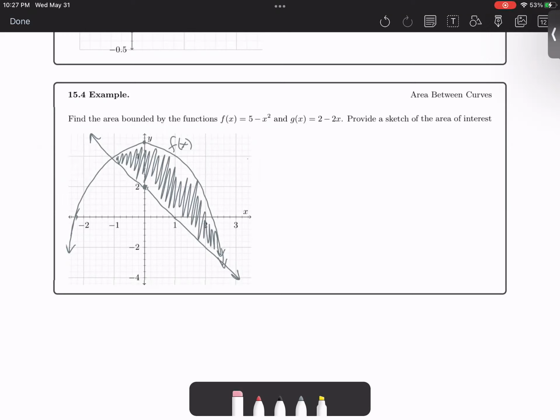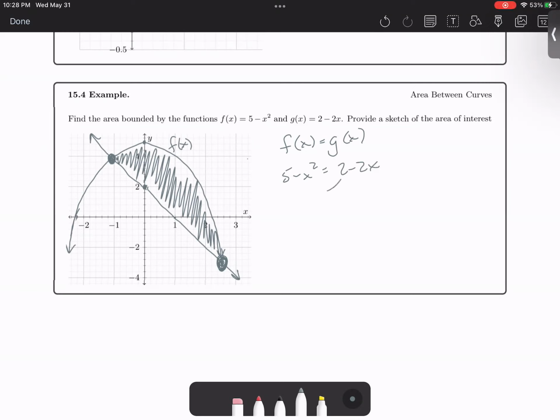So if I want to figure out what the area is, I need to figure out what my endpoints are, right? Over what interval am I going to integrate? Well, these two functions intersect with each other there, so I know that they're equal there. So the question is, when are the two functions equal? 5 minus x squared is equal to 2 minus 2x.